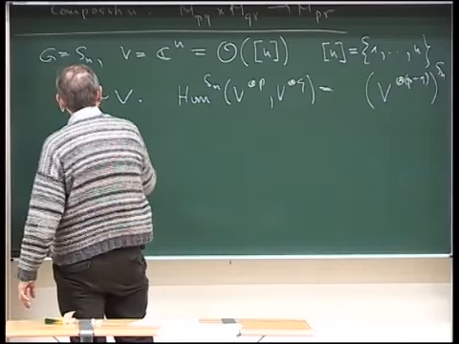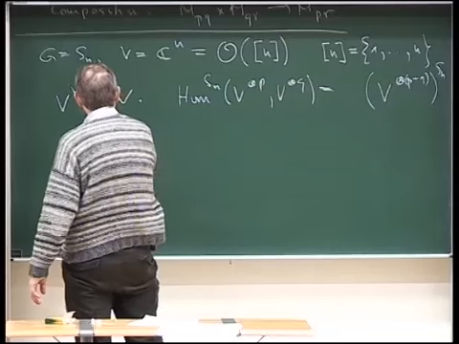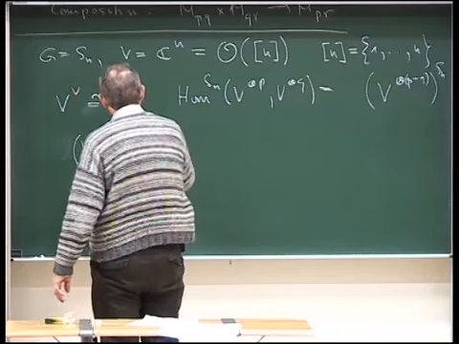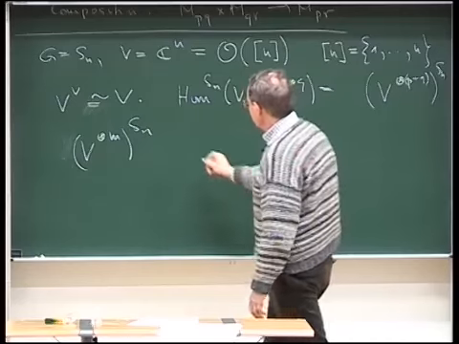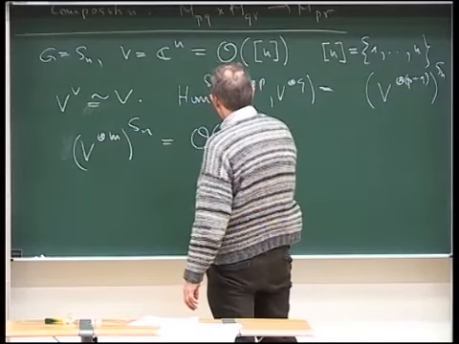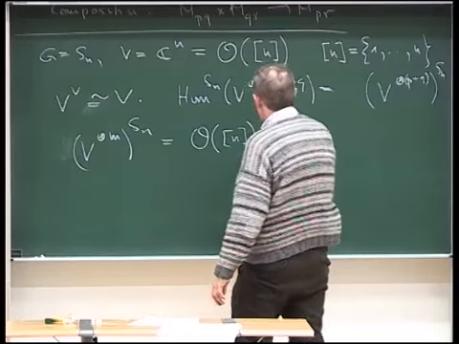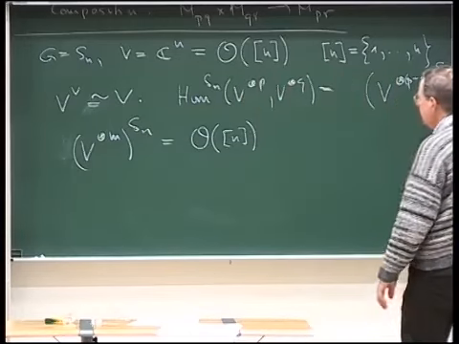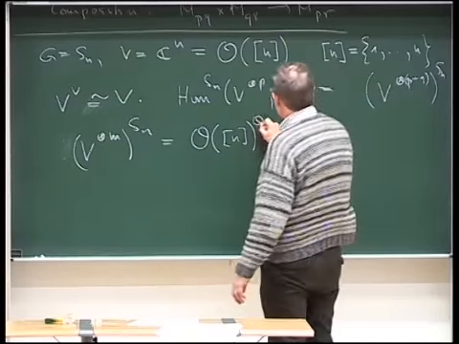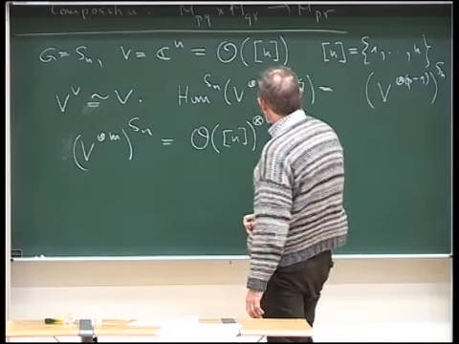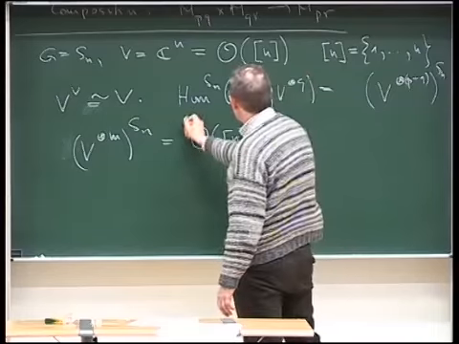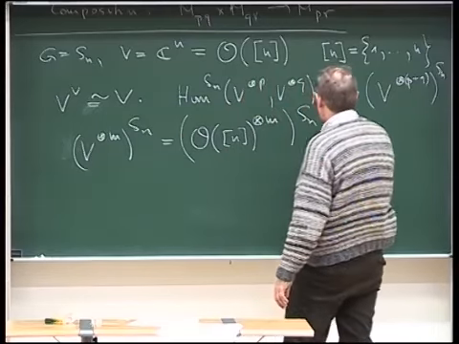Now, what is (V^⊗m)^Sn? Well, these are the functions on this set [n], then of this function space, the mth tensor power, and here the fixed points.